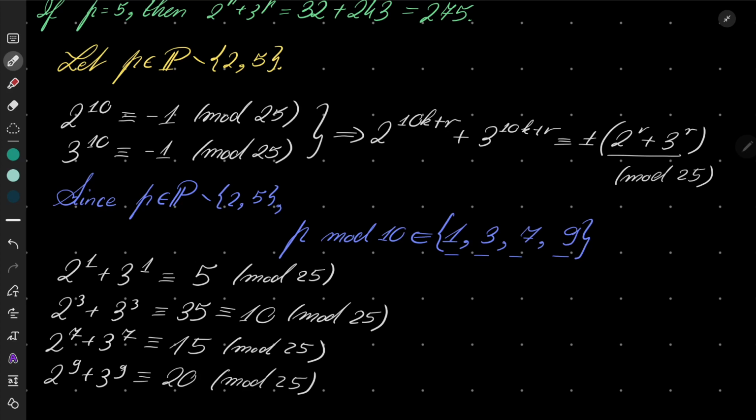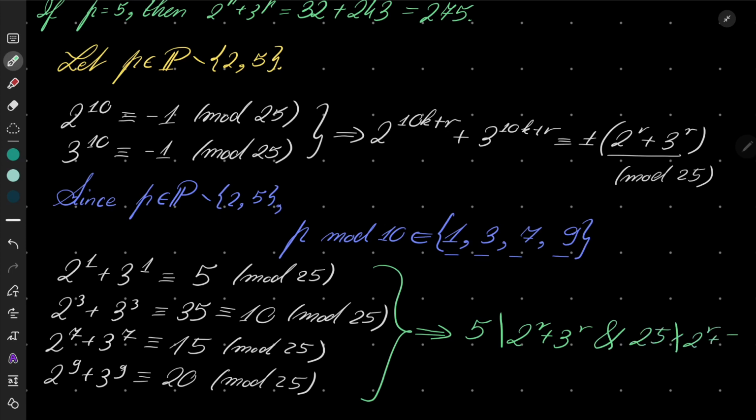In every case, 5 divides 2 to the power of r plus 3 to the power of r, but at the same time 25 doesn't, where r is just this remainder upon division.